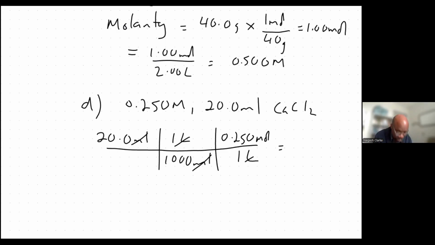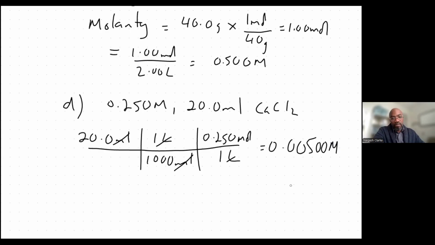I'm going to pull up my calculator. I could probably do it in my head, but I don't feel like doing that right now. So 20 times 0.25 divided by 1,000 is 0.005.